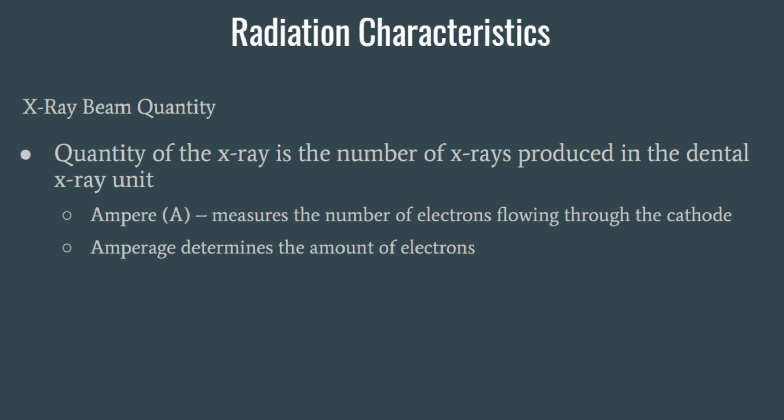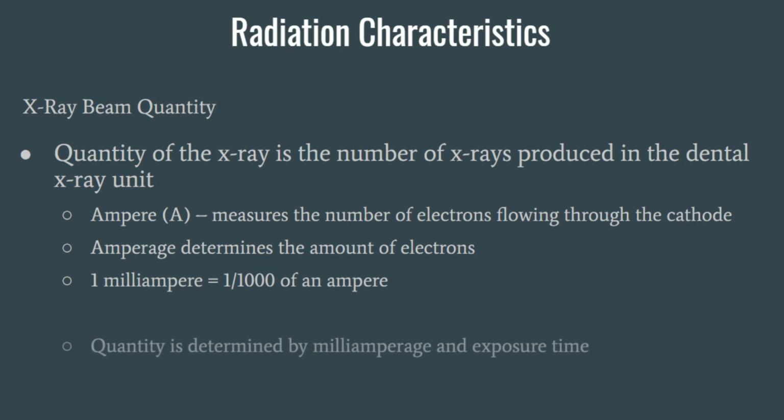Amperage determines the amount of electrons. And we can measure it and break it down because they're small units. 1 milliampere is 1/1000th of an ampere. So quantity is determined by milliamperage and exposure time.